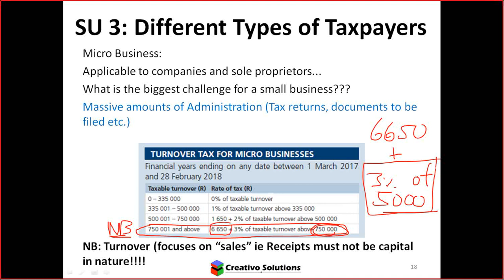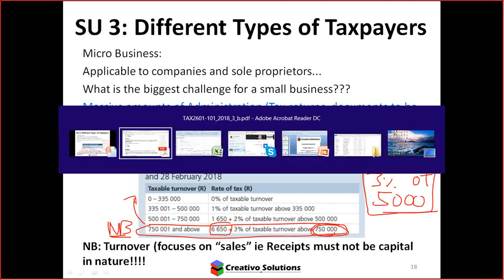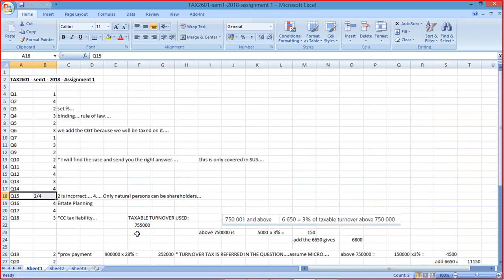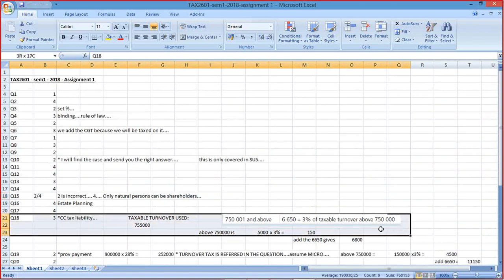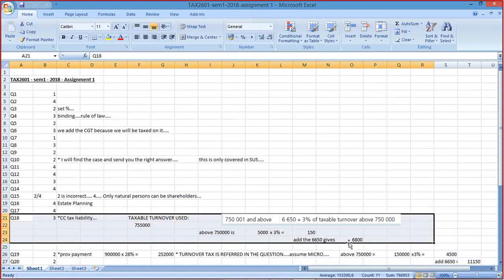Okay. It's the amount above, and then you have to add the base, because the 6,655 is the tax on all those other levels. Basically, does that make sense? Yes, sir, it does. Okay, and then if you look at my answer here, this one, there's 18. Right, I got an amount of 6800.